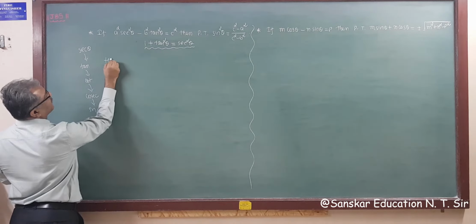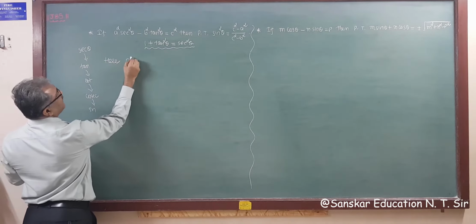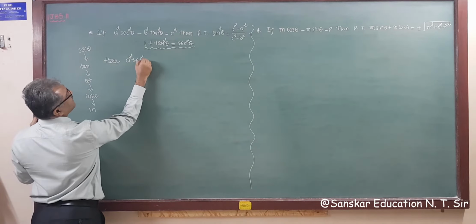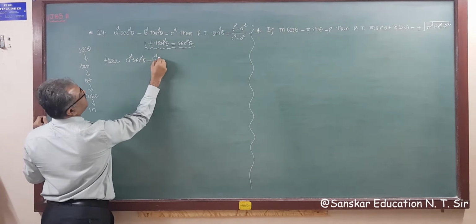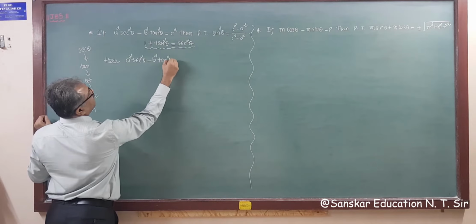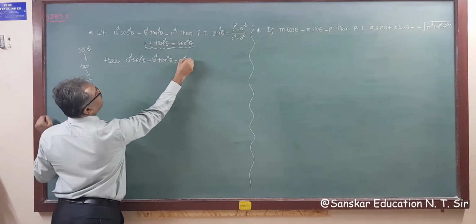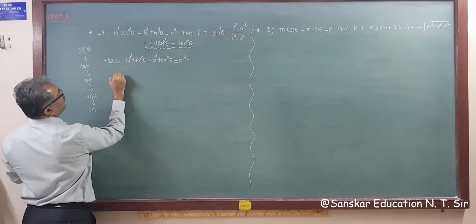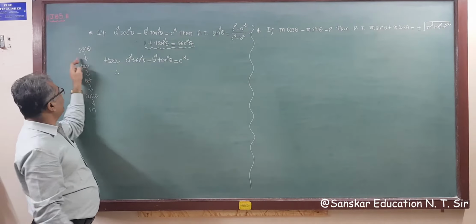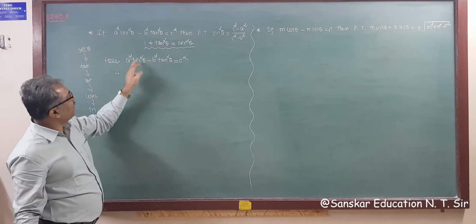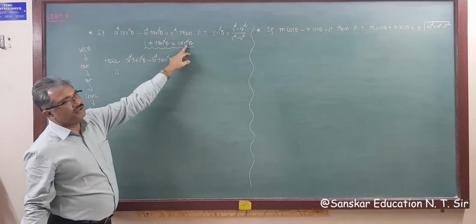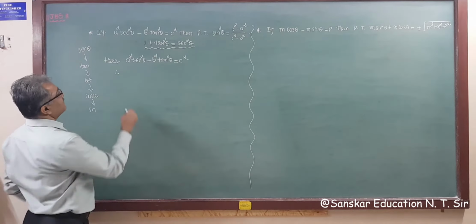This becomes a square sec square theta minus b square tan square theta is equal to c square. So instead of sec, what do we want to write? Tan. So we change sec square theta using this formula 1 plus tan square theta.